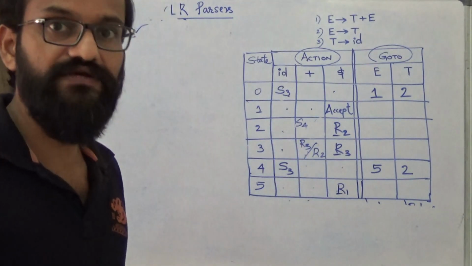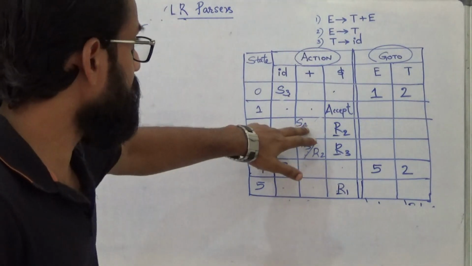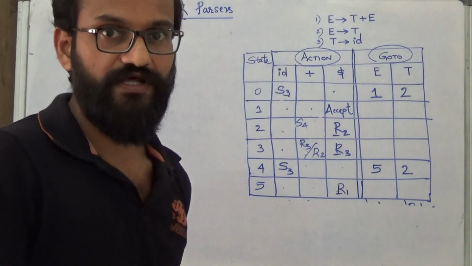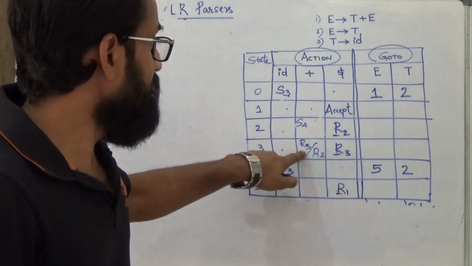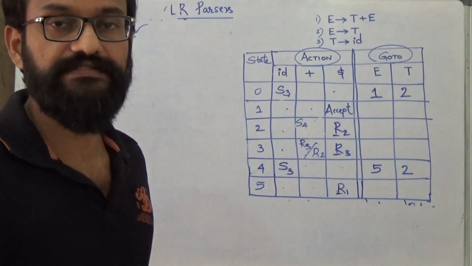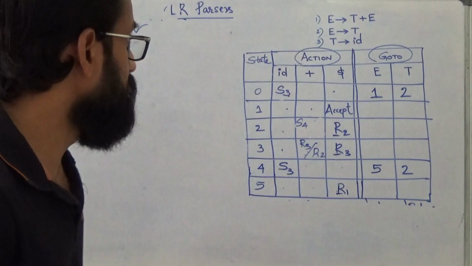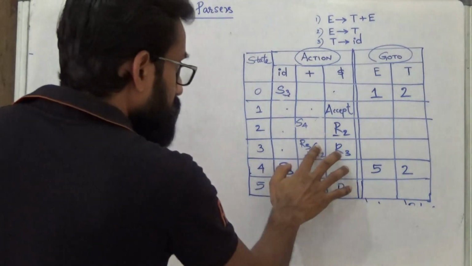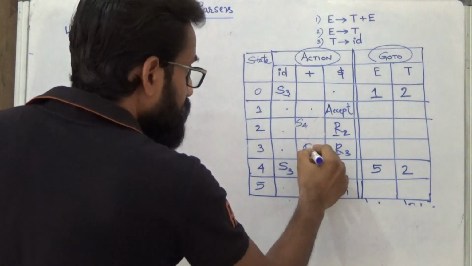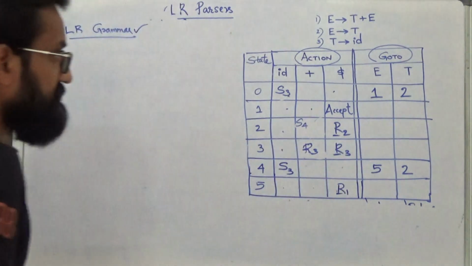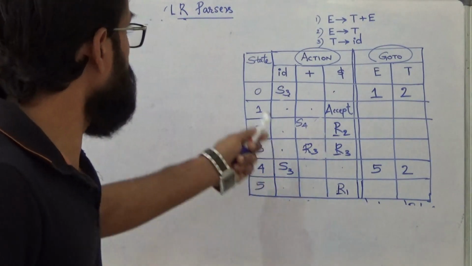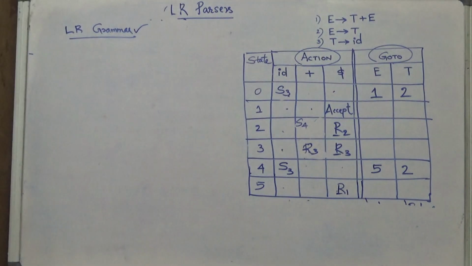So you are having a reduce conflict. The first one that I have mentioned is a shift reduce conflict, either perform a shift operation or a reduction operation, and the second one is a reduce conflict. You can perform multiple reductions for a particular configuration. So if the parsing table generated is having unique entries, then you can call that grammar as LR grammar.